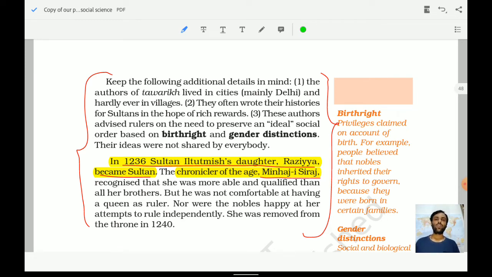So they often wrote their histories for sultans in the hope of rich rewards, as we just talked about. And these authors advised the ruler on the need to preserve an ideal social order based on birthright. So it is giving importance to this.